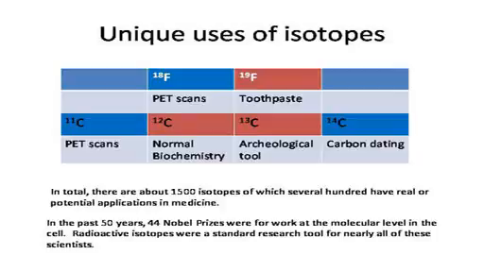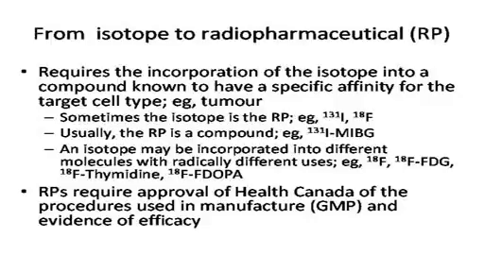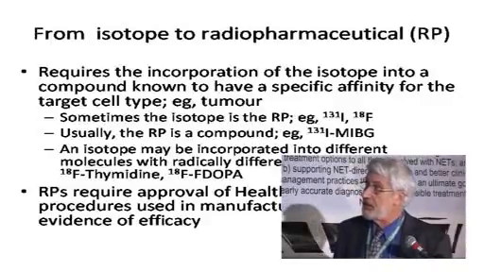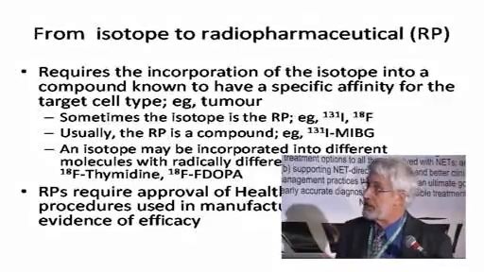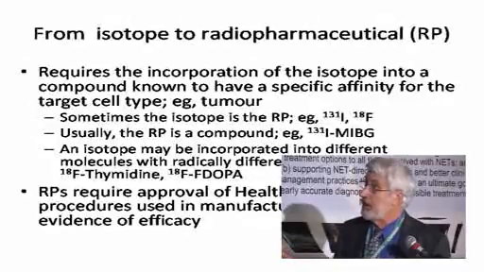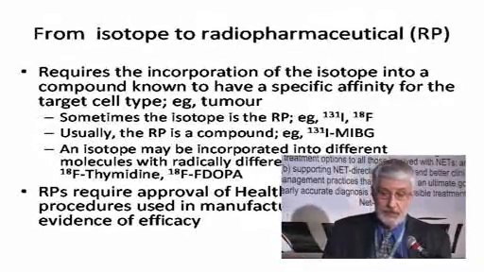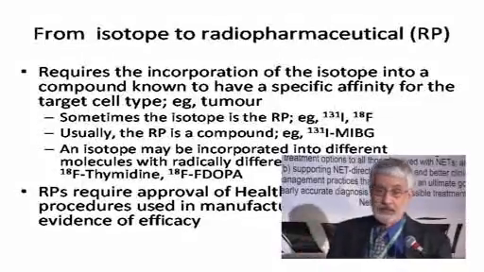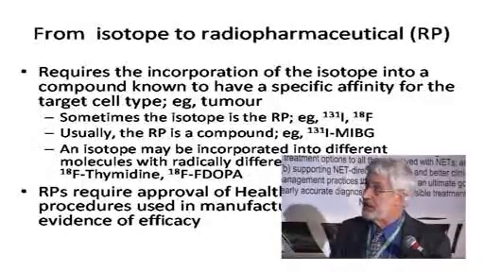Well, just having the isotope is great, but we need to do other things to craft it and to give it some smarts. And so typically we want to incorporate the isotope with a chemical to make a radiopharmaceutical that will localize in the target tissue.